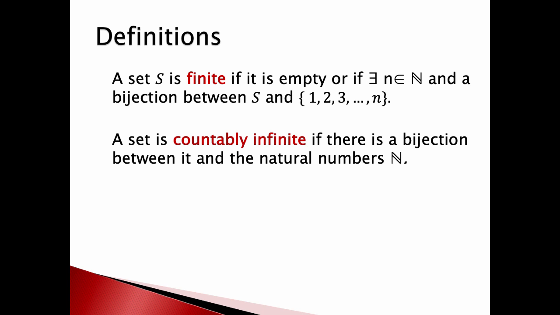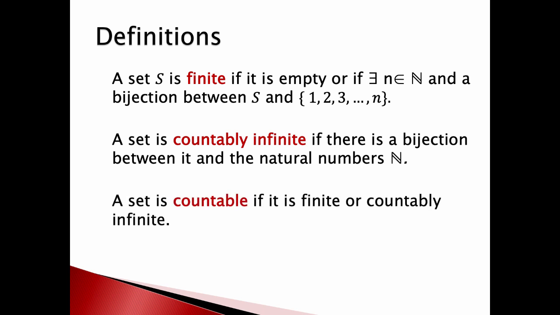And if you can do that in such a way that you use all the post-it notes and that every element in the set we're trying to count gets a post-it note, in other words, we've created a bijection, and no element gets 2 post-it notes stuck on it, right? So we've created a mapping there that's 1-to-1 because no element in the set gets 2 post-it notes, and that it's onto because we've used every post-it note, right? No post-it notes are left over. Then our set is countably infinite.